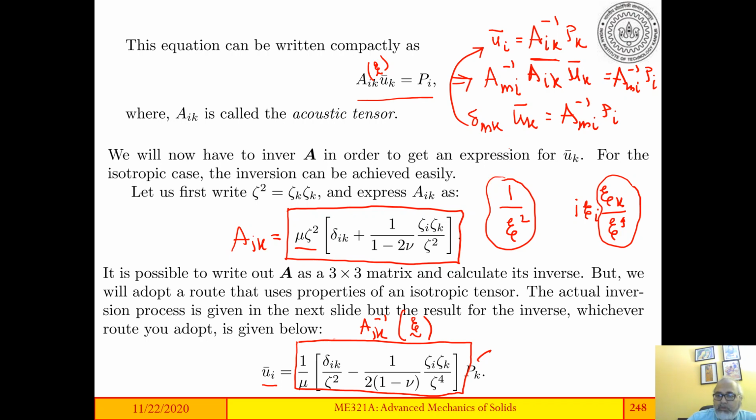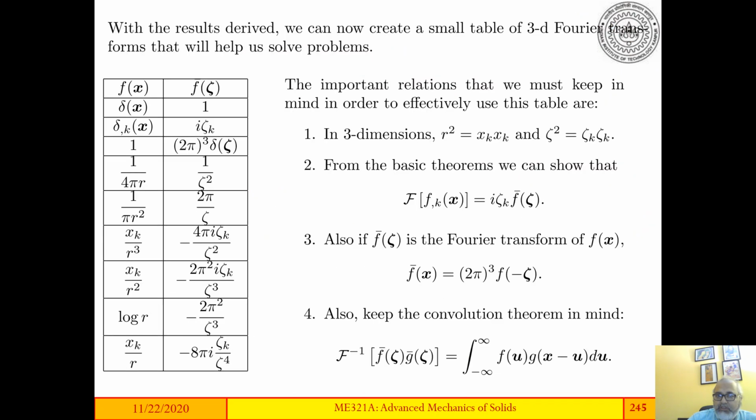So if we go back to the 3D table, 1 by zeta square is in the table, and its inverse is 1 by 4 pi r. Zeta k by zeta 4 is also there in the table, and its inverse is xk by r.